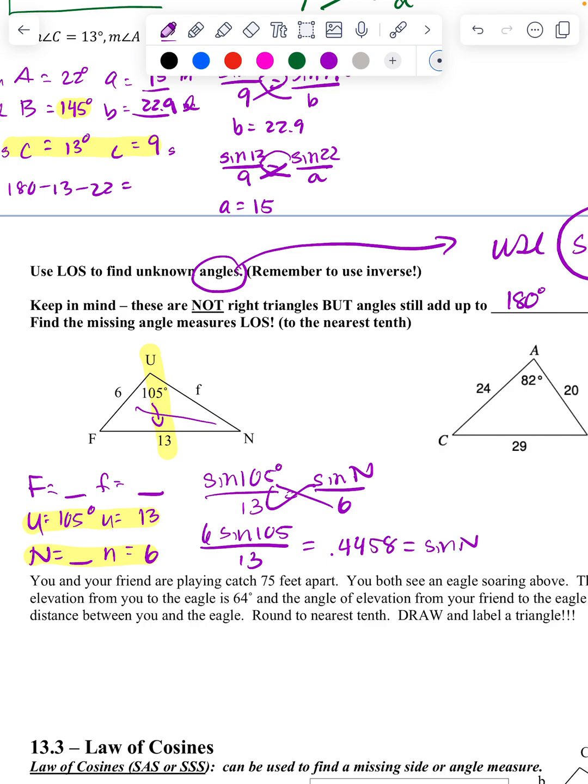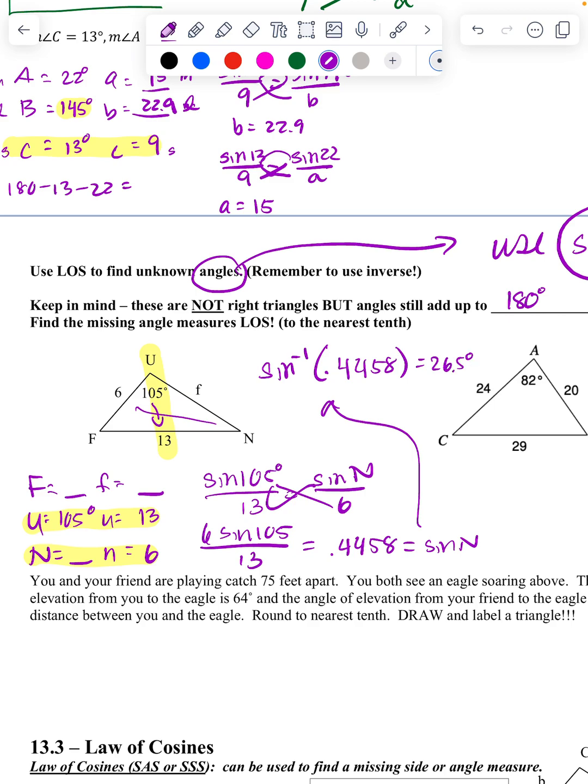And here's where your sine inverse comes in. You would do sine inverse on your calculator, second sine, of that decimal that you just got. So if I do second sine of that answer that I had, I get 26.5. And 26.5 is the actual angle measure.